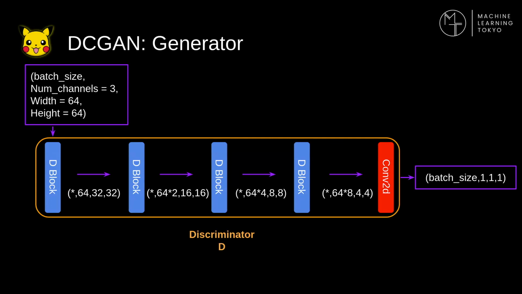Now, of course, if we unwrap the discriminator, each and every one of the layers of the D block looks something like this. The output of the first D block is going to be 64 channels and a 32 by 32 image essentially. And just following the previous trend, we have 64 by 2, 64 by 4, and 64 by 8.